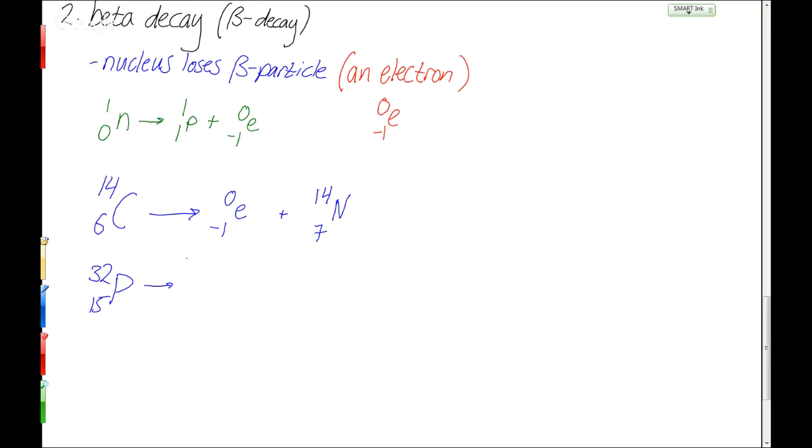So we put the beta particle there, and then figure out what's left, which is sulfur.